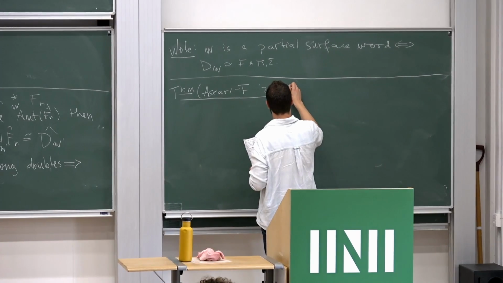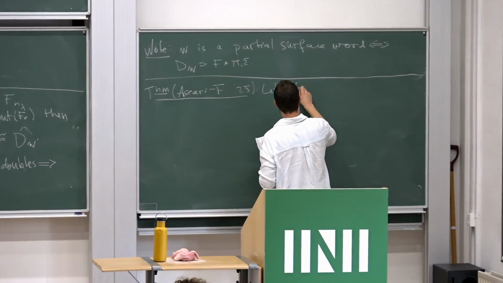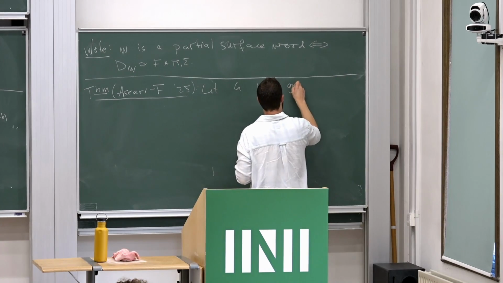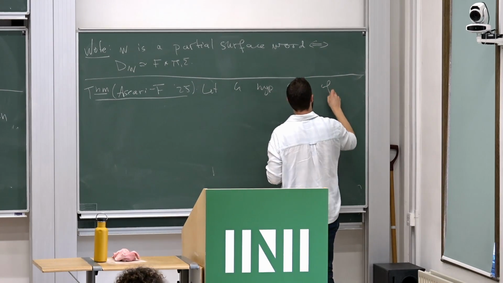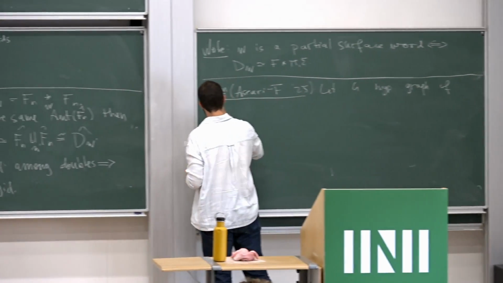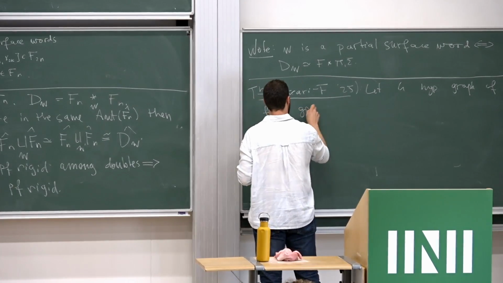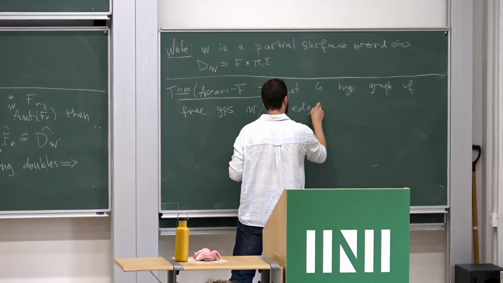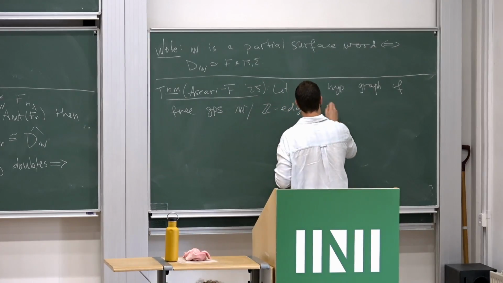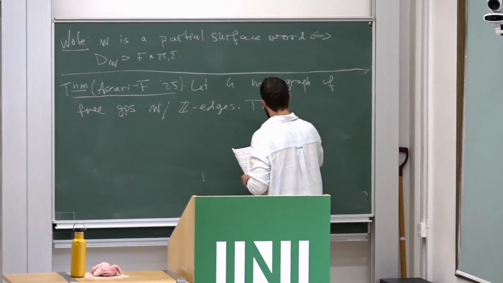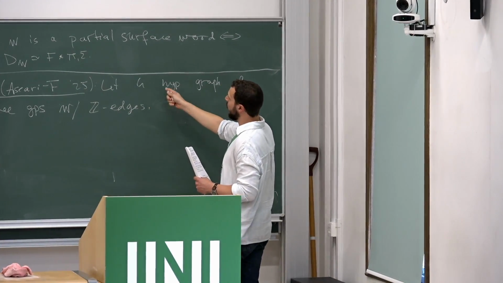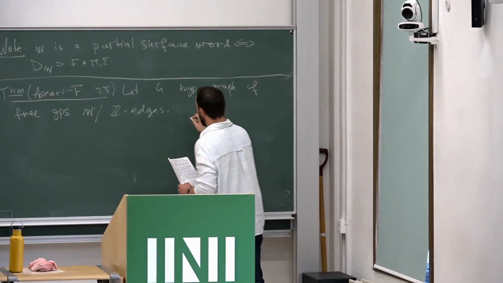So what we prove is the following. Suppose that G is a hyperbolic graph of free groups with cyclic edges, such that G is not isomorphic to the free product of free and surface groups.